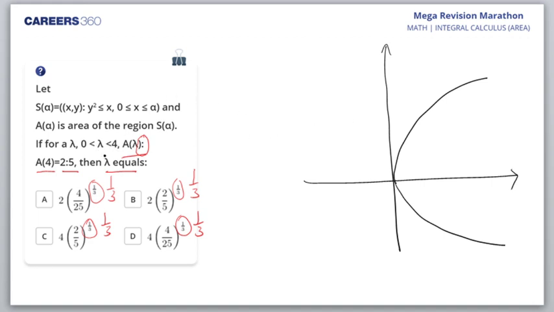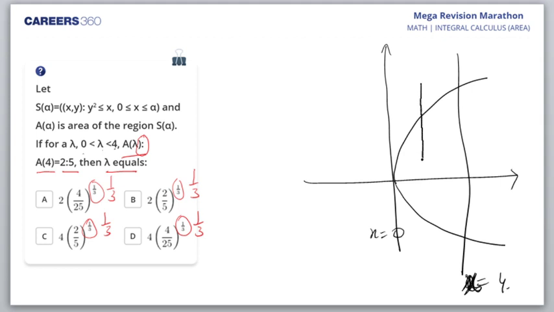So we have the line between 0 and 4, so this would be x equal to 4, okay, and this is x equal to 0. Now lambda lies between 0 and 4, so here lambda becomes 0, 4, okay, which is ultimately x equal to 4.